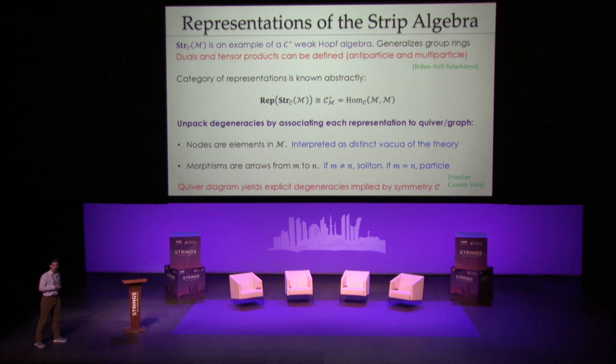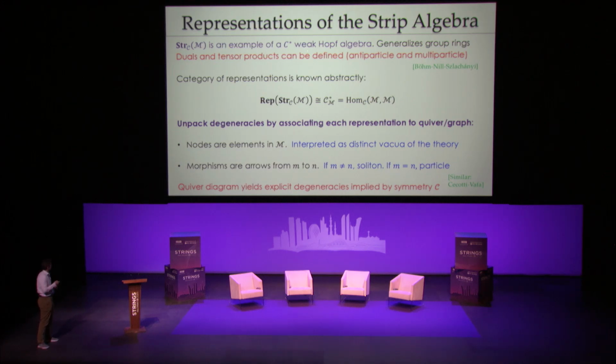Okay, so what do we know abstractly? Well, this strip algebra is an example of what is called a C-star weak Hopf algebra. Okay? It's supposed to generalize group rings for the invertible case. So there's a lot of words there, C-star weak Hopf algebra. C-star means it has a dagger, the notion of dagger. That's something you expect in unitary theories. And weak Hopf algebra, it's not super important to know the definition.